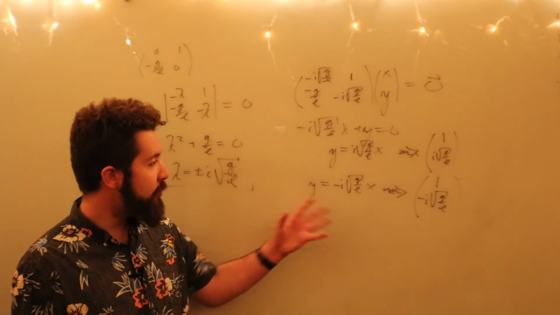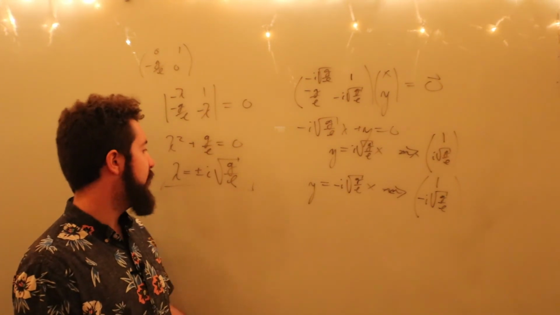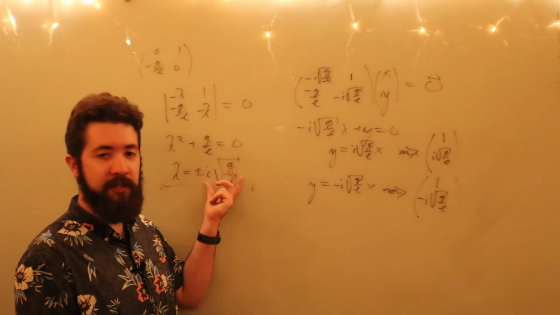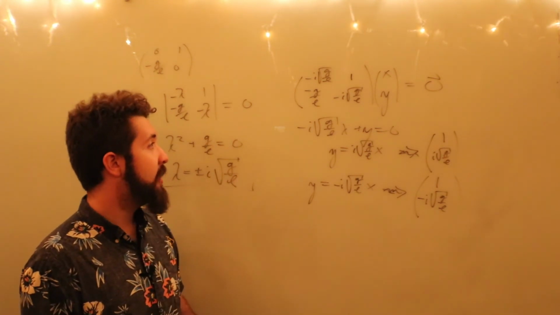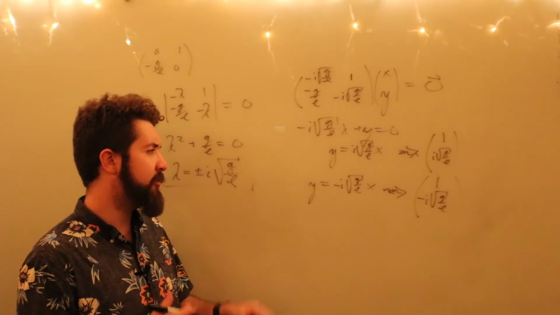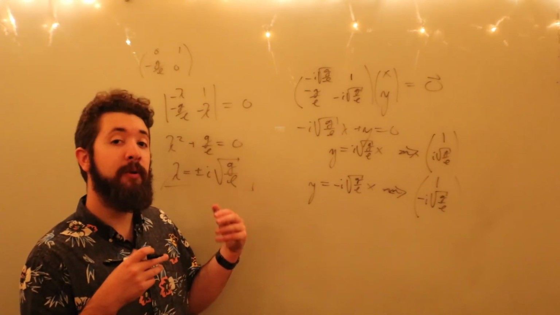So we have two complex eigenvectors corresponding to two complex, or really imaginary, eigenvalues. So we're also later going to want to consider complex coefficients so that we resolve everything to get real answers in the end.